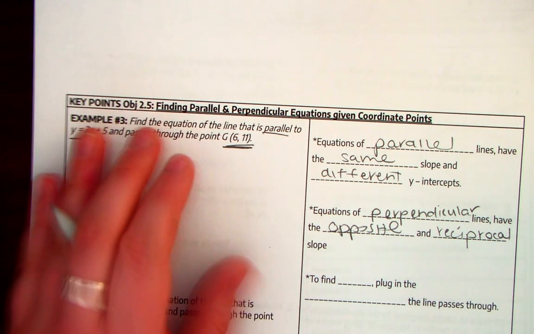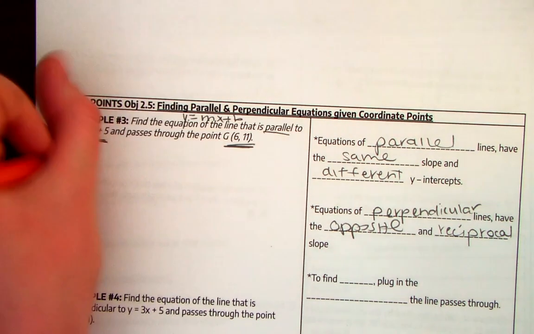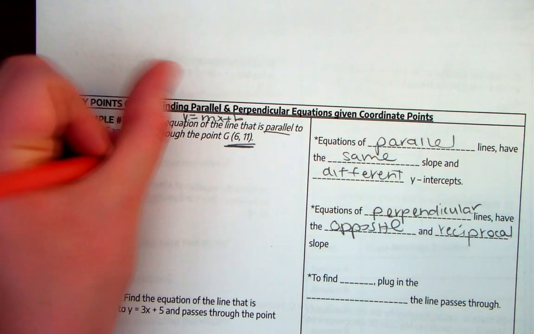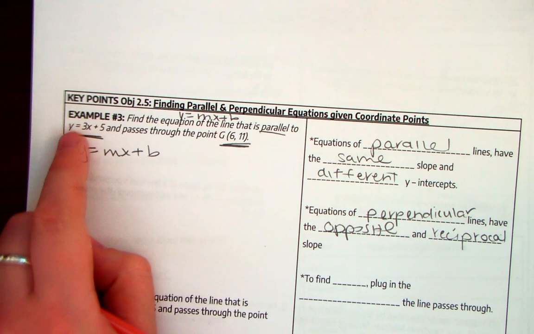If I'm finding the equation of a line, the equation of a line is y equals mx plus b. So that's my goal, right? I want an equation of a line that's parallel to this line.